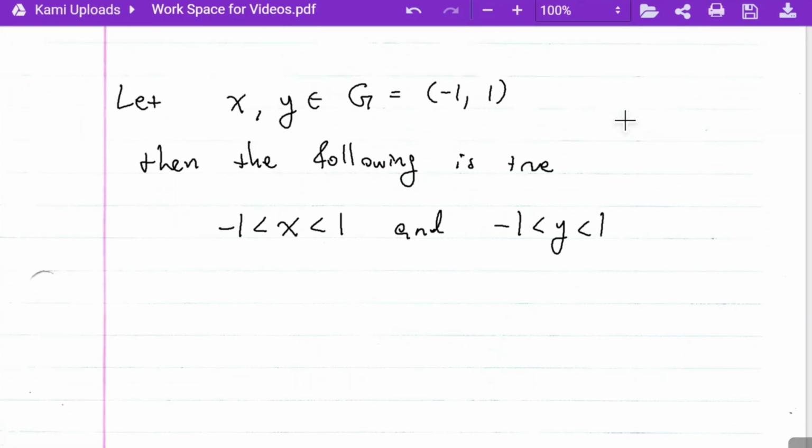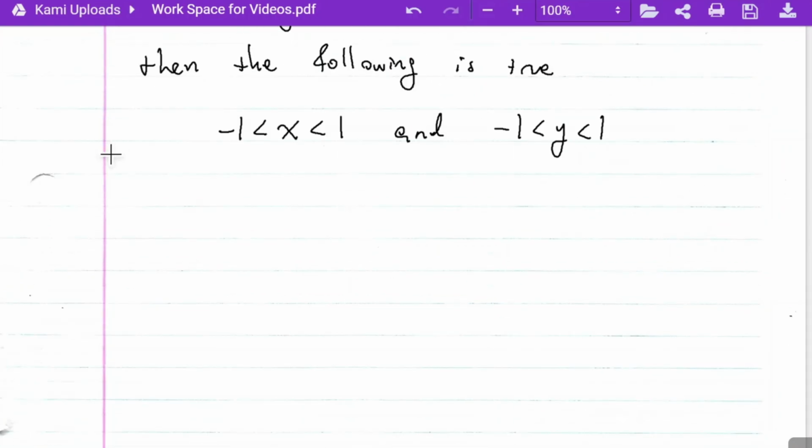Why is this the case? Because remember that x and y belong to this interval, (-1, 1). So x has to be between these two values. So what can we do with this? This means that the absolute value of x is less than 1, and the absolute value of y is also less than 1.